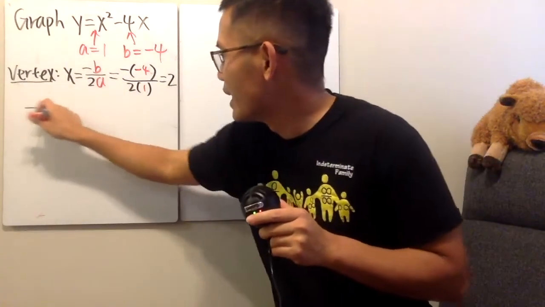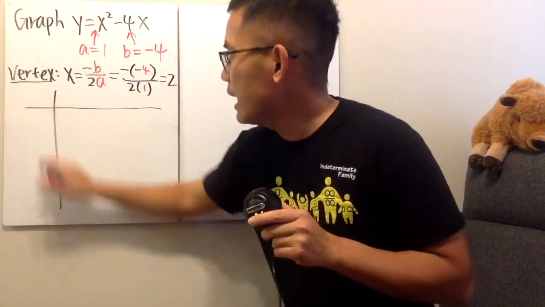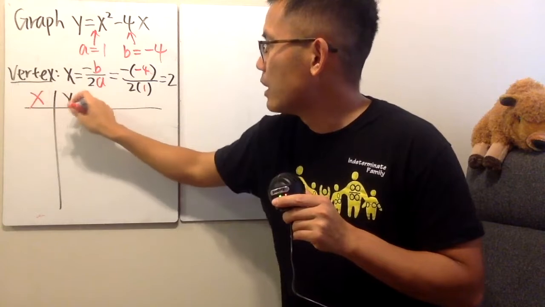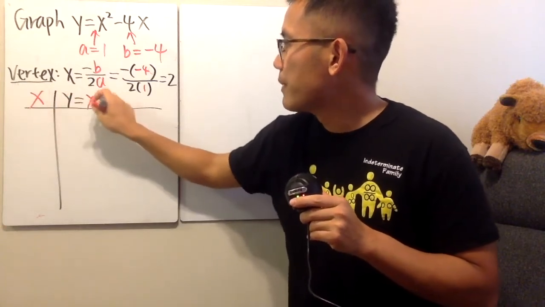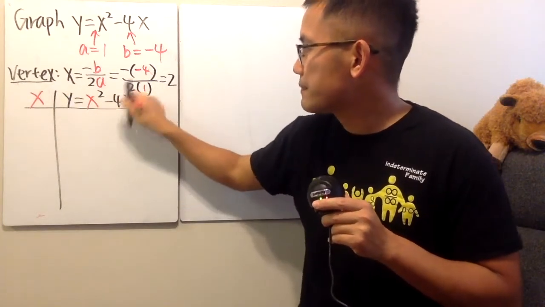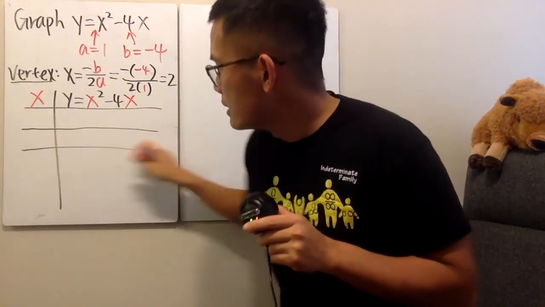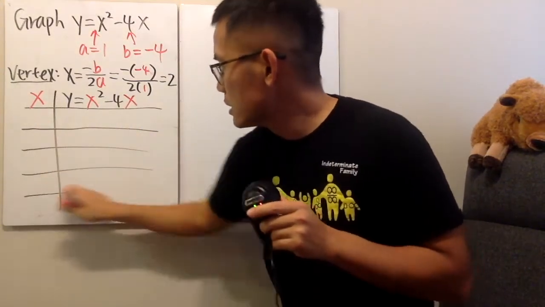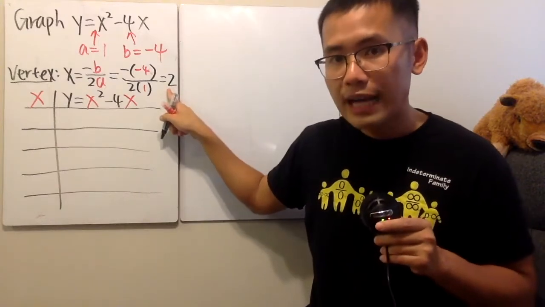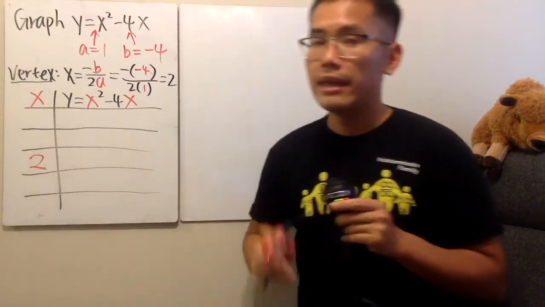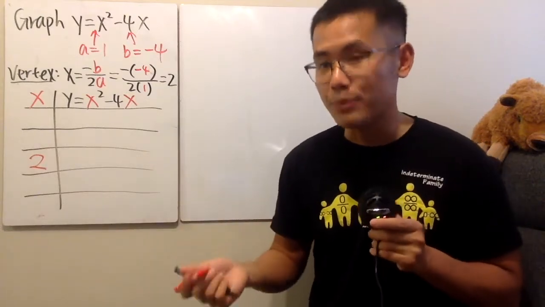Now, here we go. Go ahead and draw the table. We need to have some x values. And then y we know is x squared minus 4x. So let's go ahead and have 5 points. And you always have to put the vertex right in the middle, and then go ahead and find the neighbor numbers.